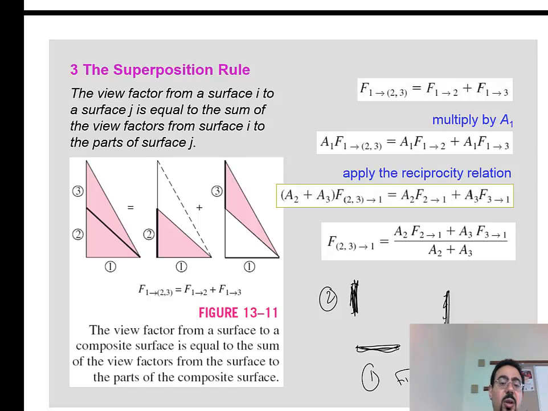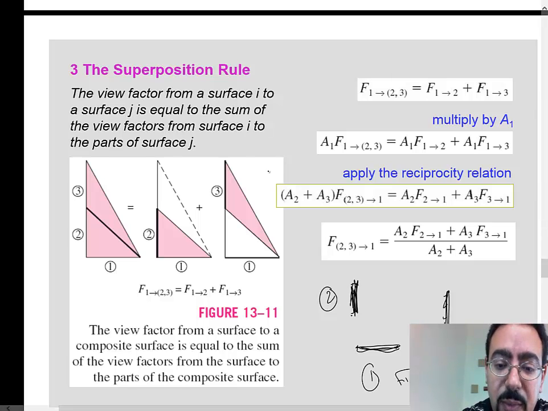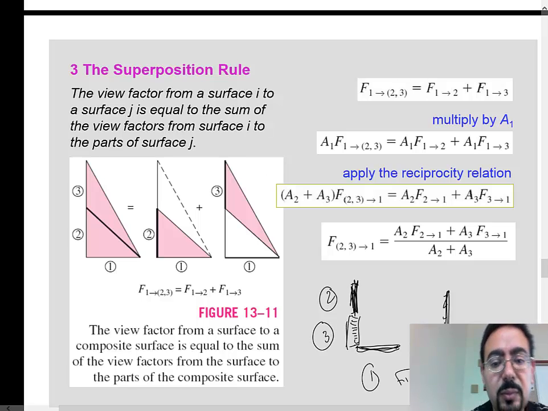So what do you do? You imagine there's a surface over here, and you call it 3. And you calculate F1 to that composite surface, 2,3. That you can find, right? You can find it from here.